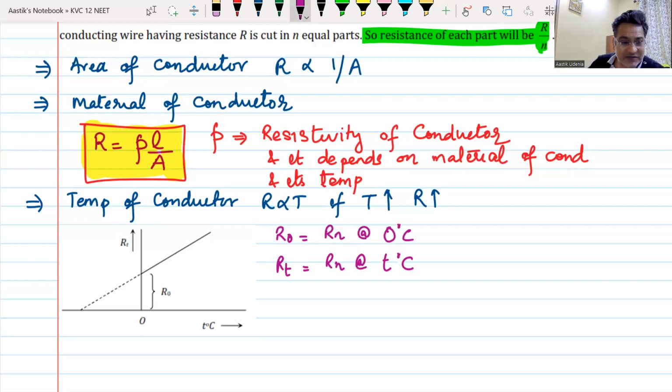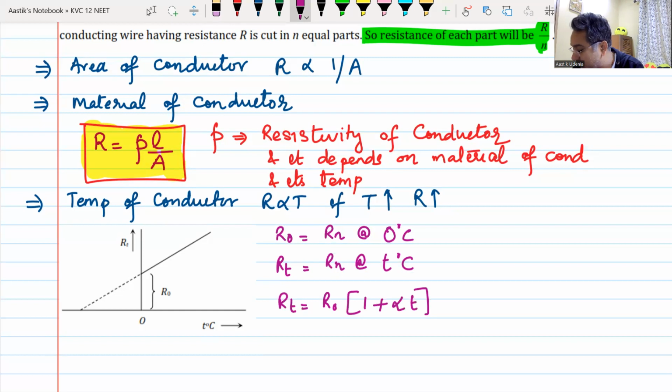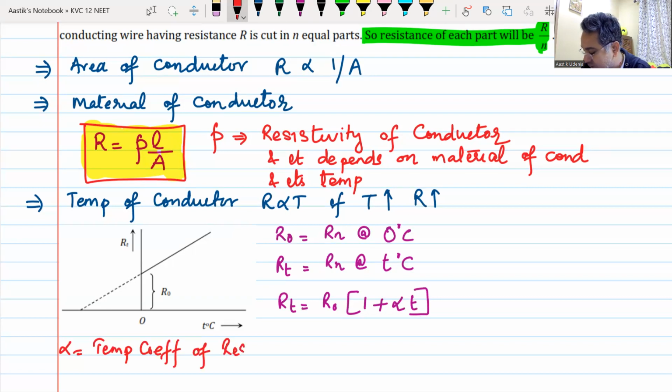And I can write a very wonderful relation between these. RT will be equal to R naught into 1 plus alpha into T, where alpha is a constant known as the temperature coefficient of resistance.